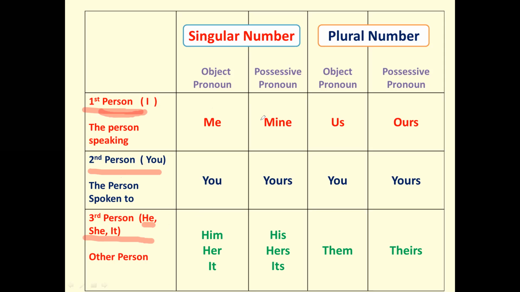So let us see how these three persons become possessive pronouns from object pronouns. The first person I becomes the object pronoun me, and changes into mine in the possessive pronoun, and in plural it becomes ours.